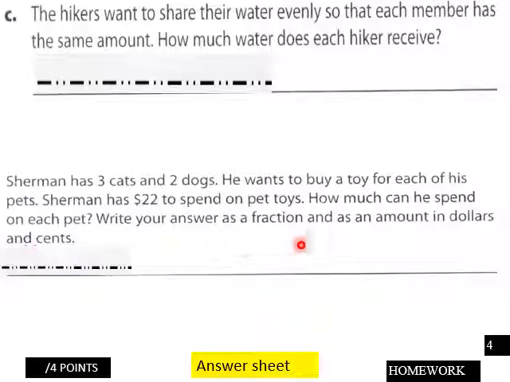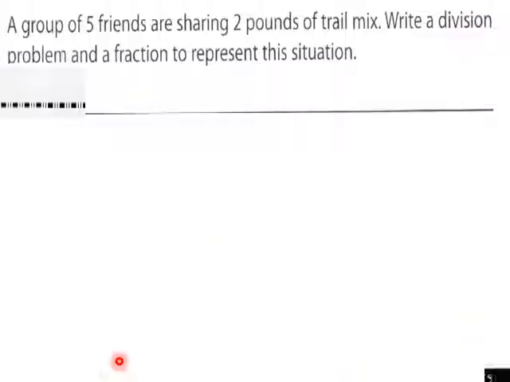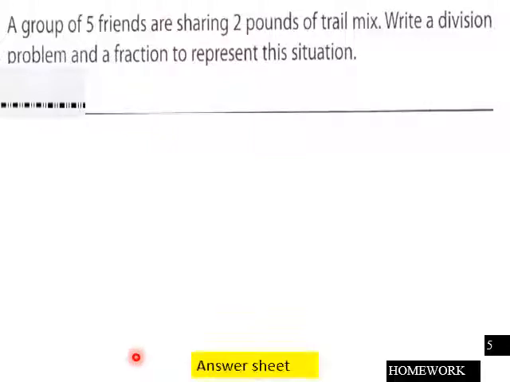Write your answer as a fraction and as an amount in dollars and cents. And then page 5 of the homework. A group of 5 friends who are sharing 2 pounds of trail mix. Write a division problem and a fraction to represent the situation, which pertains back to the explore question in the lesson.